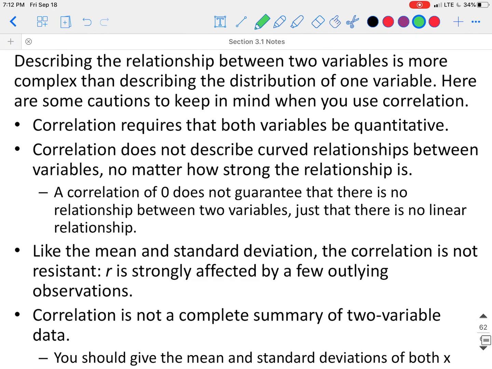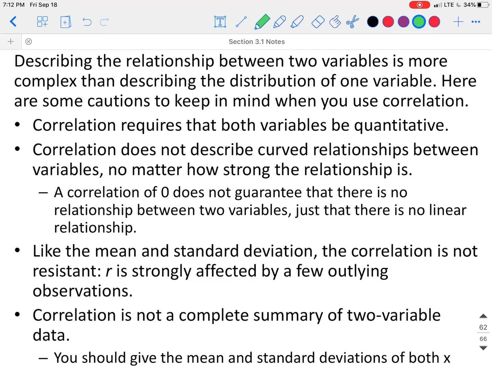Describing the relationship between two variables is more complex than describing the distribution of one variable. Here are some cautions to keep in mind when you are using correlation. Correlation requires that both variables be quantitative. Correlation does not describe curved relationships between the variables, no matter how strong the relationship.